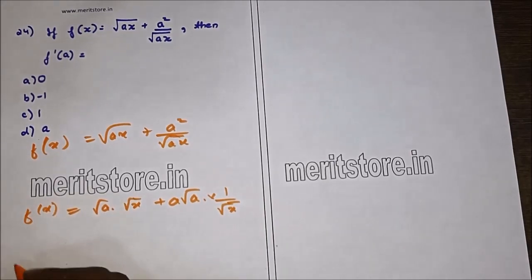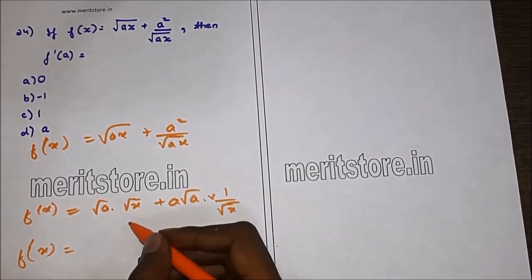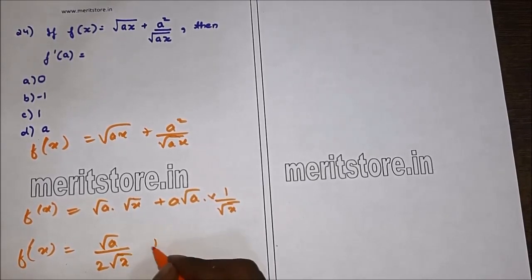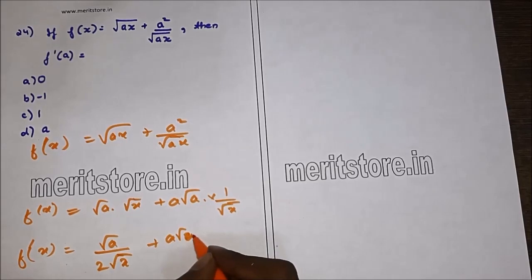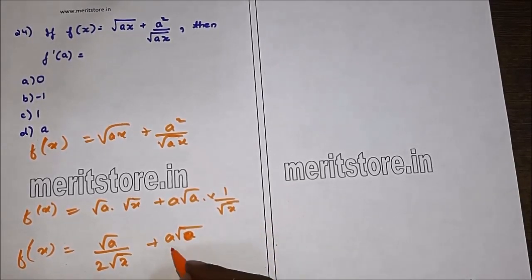Now we differentiate this. So f dash of x is, differentiation of root x is 1 by 2 root x. So a by 2 root x plus a root a. Differentiation of 1 by root x is 1 by 2 x root x.